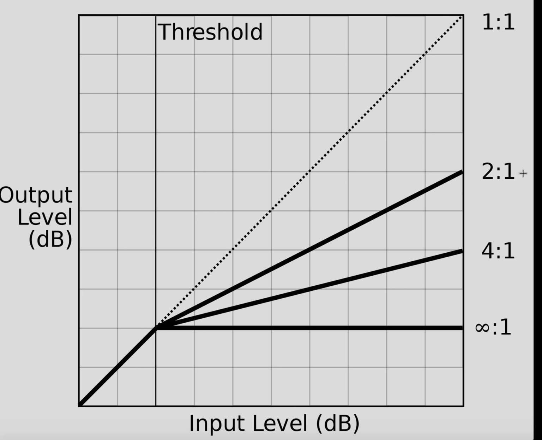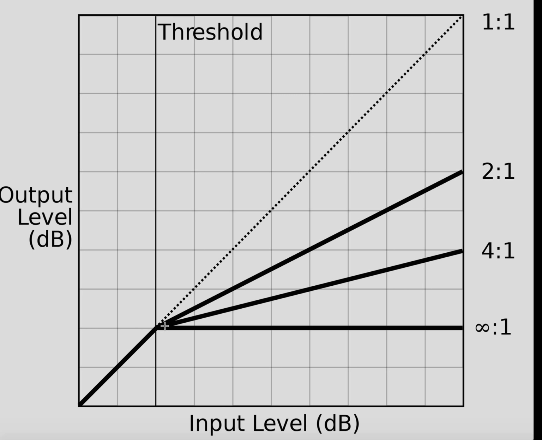This graph goes immediately to a 2-to-1 compression curve, which means exactly the same thing, that, for every 1 decibel of input level, I am going to compress 2 decibels of output level. That would become a -2.